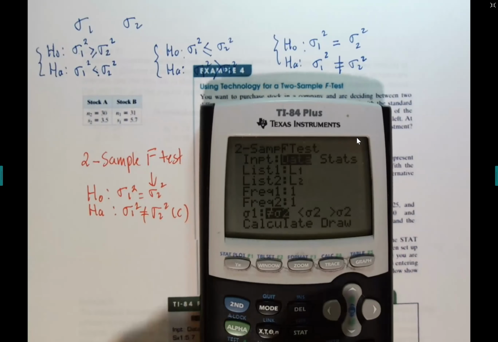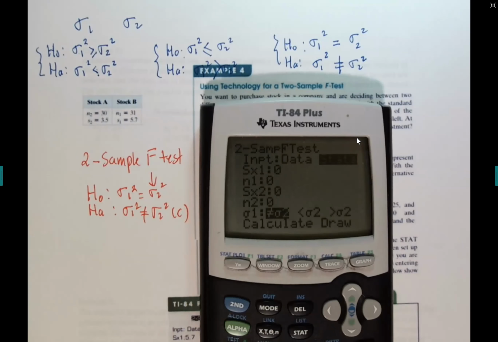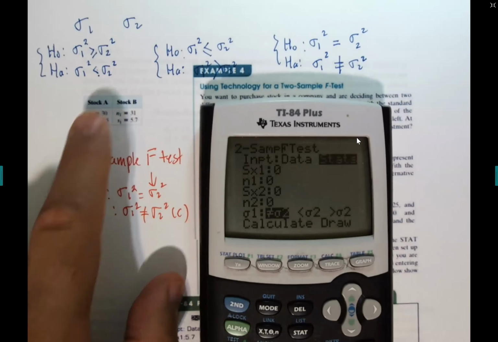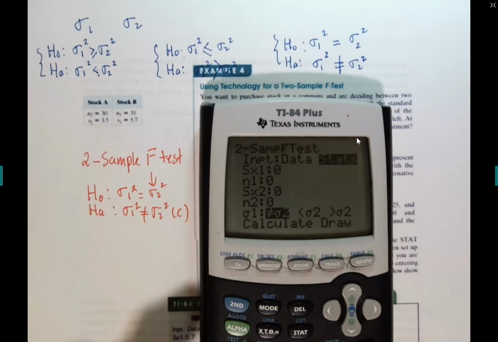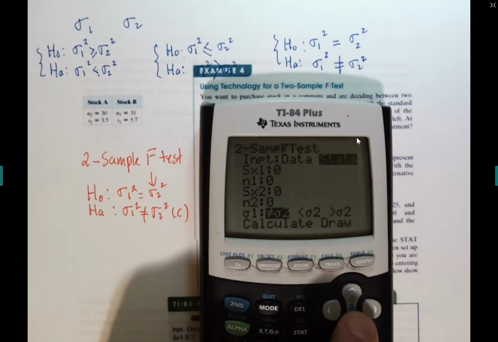I don't have data. I have a summary, so it's Stats. You see, the calculator is prompting you for S1, N1, S2, N2. It couldn't be any simpler than that. You already have S1, N1, S2, N2. So let's enter them. S1, guys, if you don't see it clearly, it's 5.7.